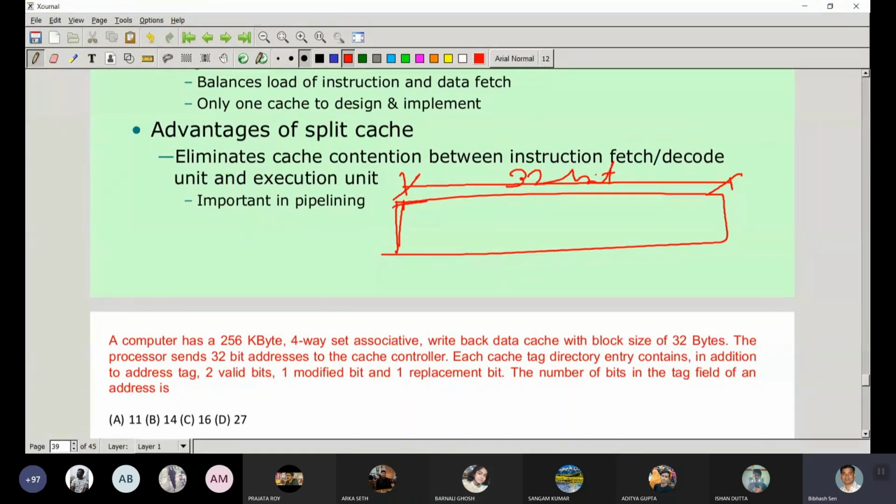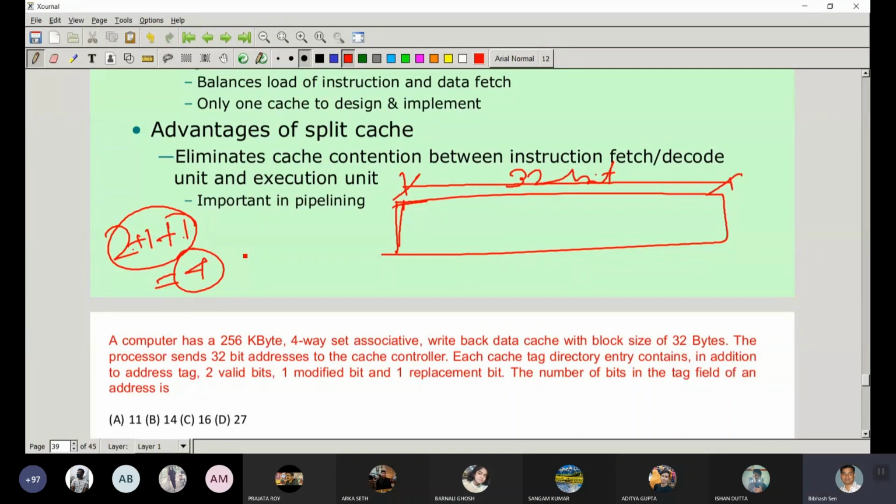Each cache tag directory entry contains, in addition to the address tag, 2 valid bits, 1 modified bit and 1 replacement bit. So they are giving 4 additional bits, you have to add these 4 additional bits. What is the number of bits in the tag field of an address for a 4-way associative cache?